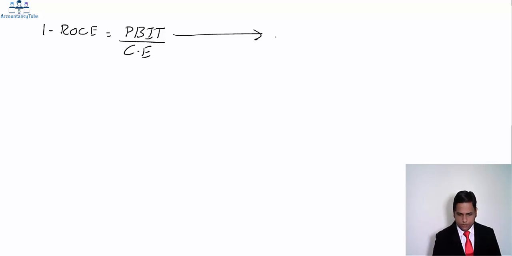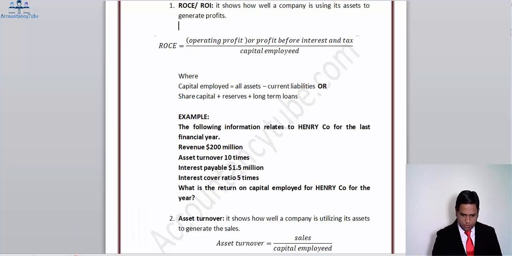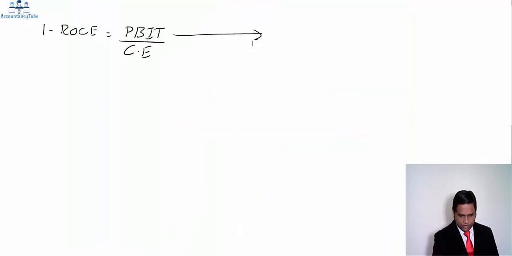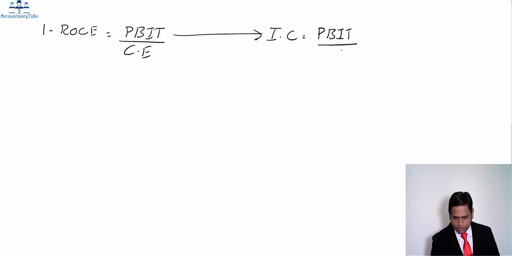We are given the interest cover and interest payable. Let's use that to compute profit before interest and tax. If you remember, interest cover is equal to profit before interest and tax divided by finance cost or interest cost.